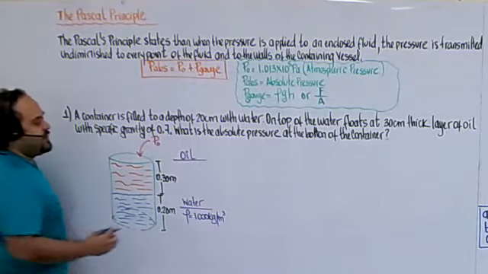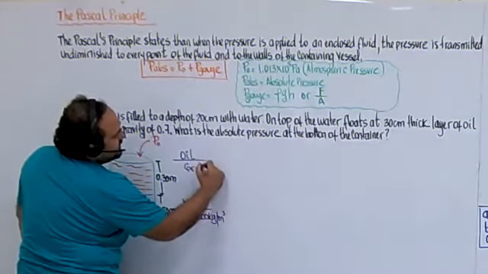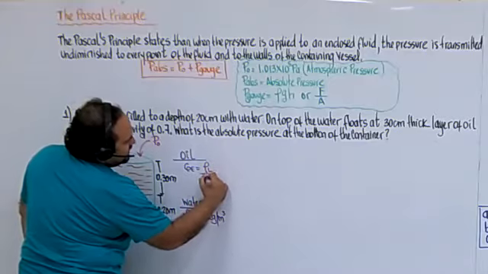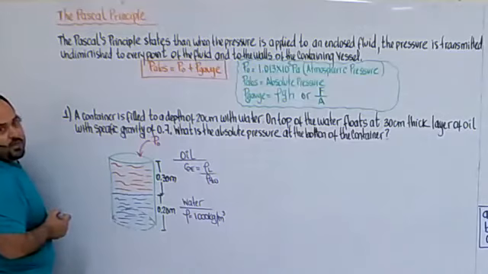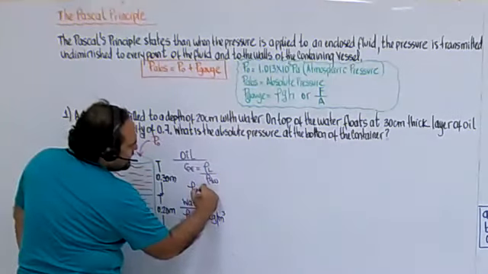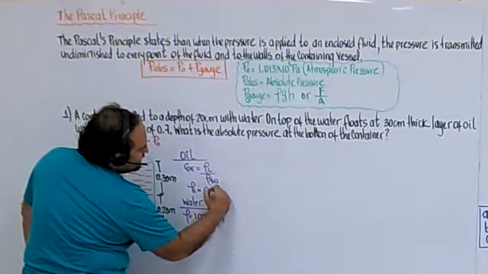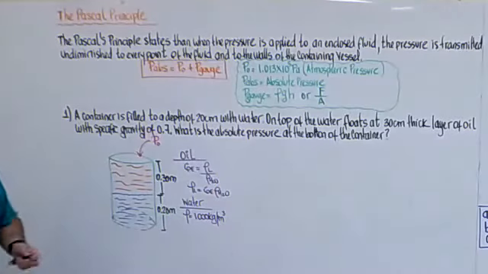Remember the equation of the specific gravity: the specific gravity is the density of the liquid divided by the density of water. And if you want to know the density of the liquid, it is the product of specific gravity times the density of water.